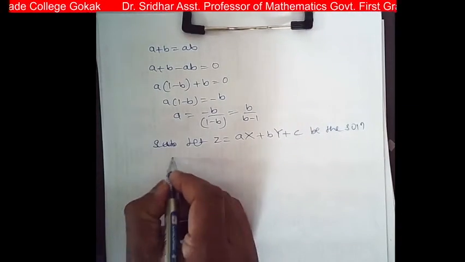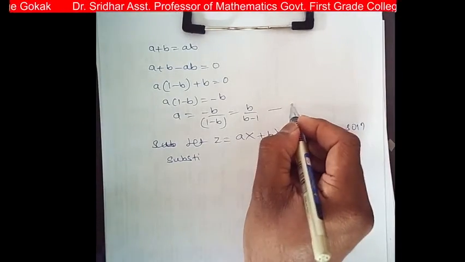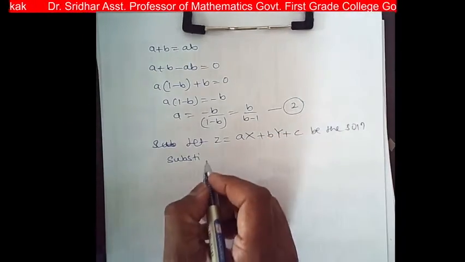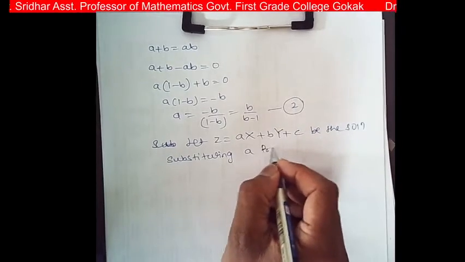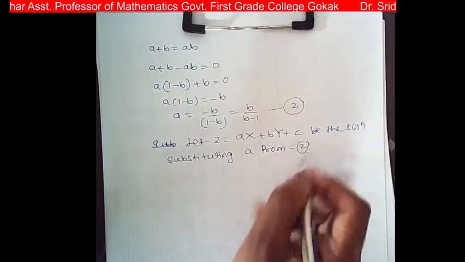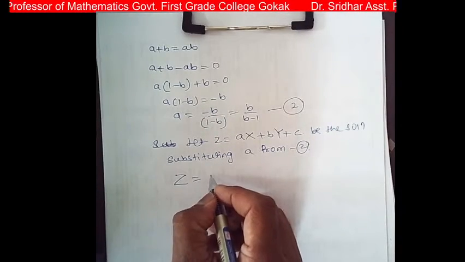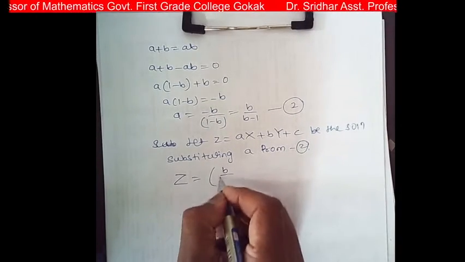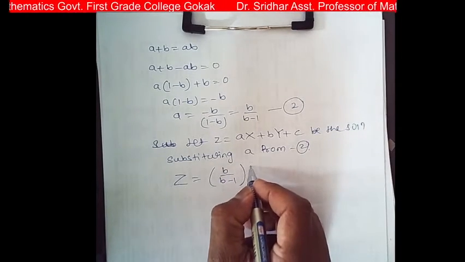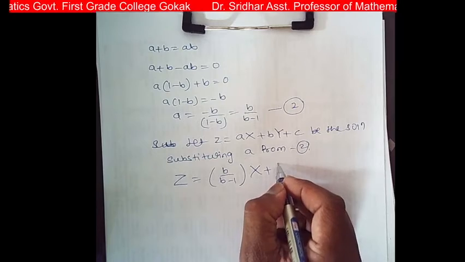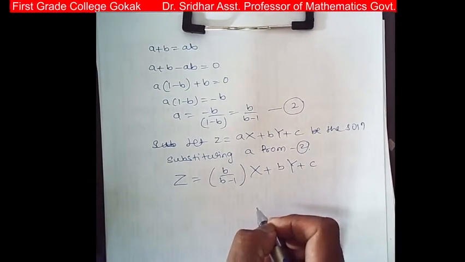Okay, call this equation 2, substituting a from 2. So what we get? Capital Z is equal to a means b divided by b minus 1 into this is x plus b is b only, capital Y plus c.